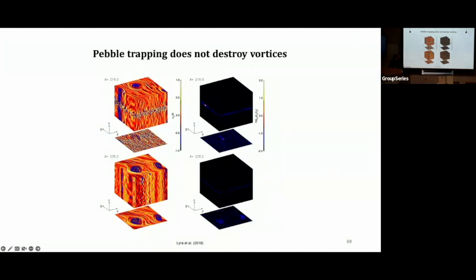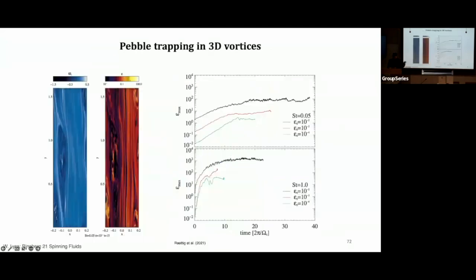We followed this trapping to see how dense it would get. This is showing the maximum dust to gas ratio that we have in these different calculations. This is for Stokes number equal 1 and Stokes number 0.05. For Stokes number 0.05, if you start from 10 to the minus 4 dust to gas ratio, you reach here.